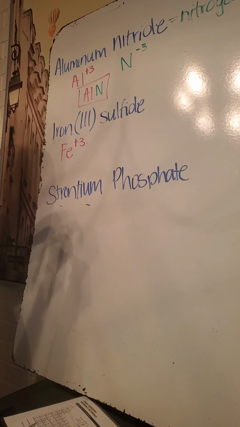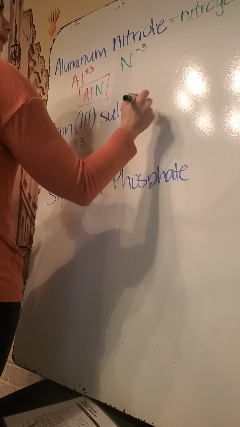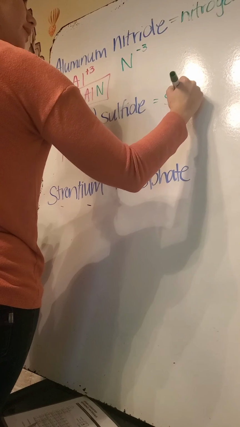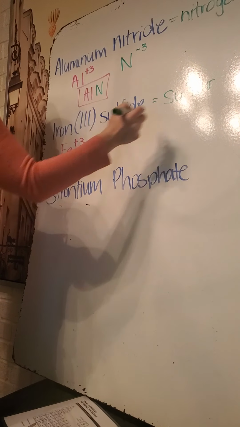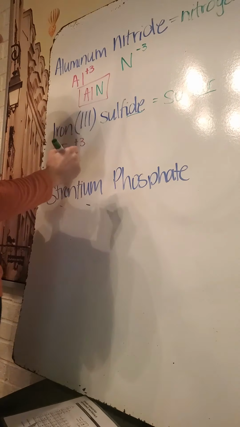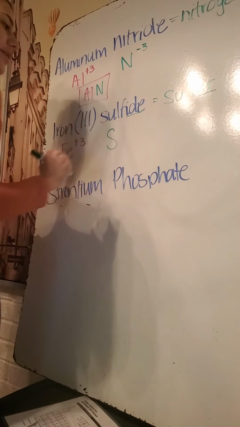So iron's +3. And then we have sulfide. Sulfide is really sulfur. Remember, we changed the ending, so that UR became that IDE. So we're just going to write down an S.